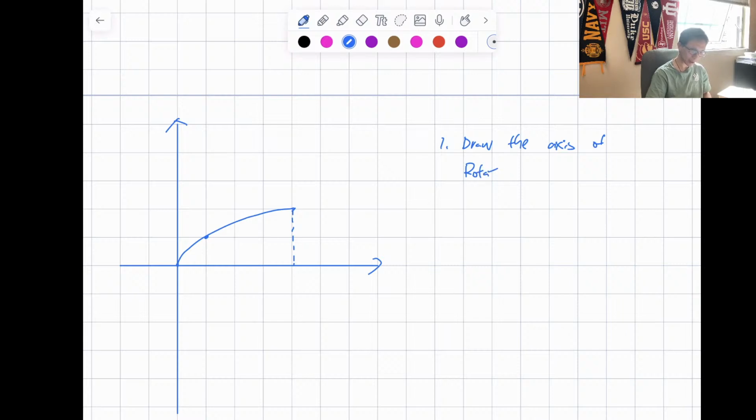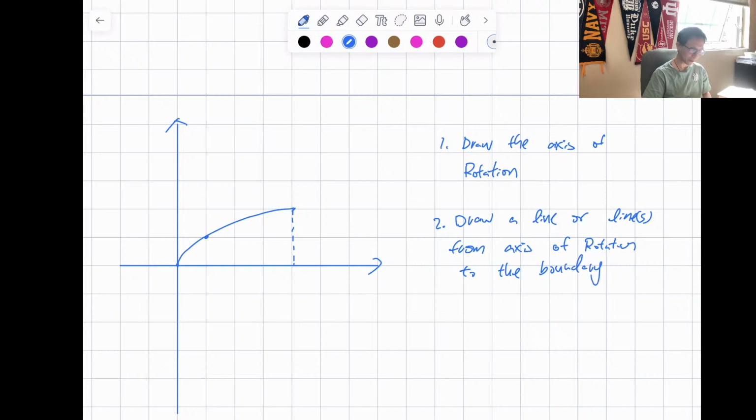Second, I will draw a line or lines from the axis of rotation to the bound or boundaries.